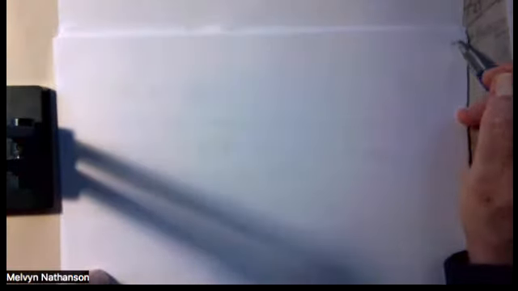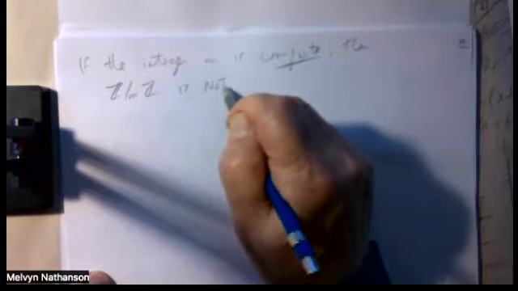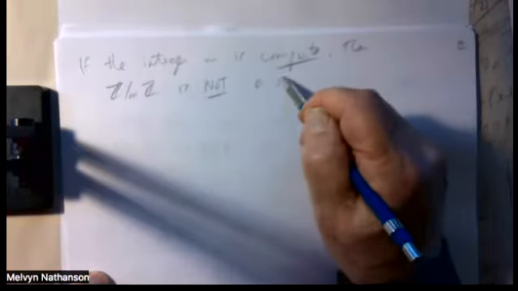By the way, kind of related to that, if the integer M is composite, that means not a prime, then Z mod MZ is not a simple group.